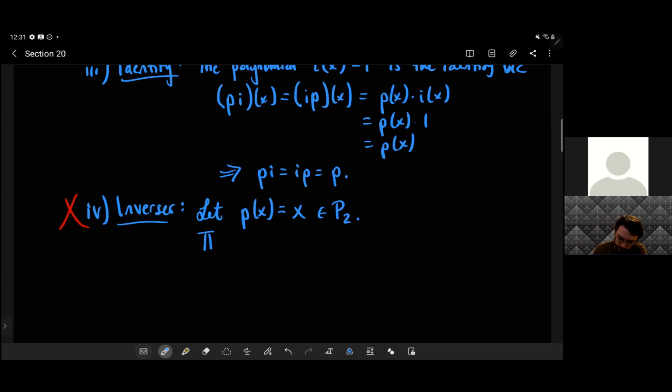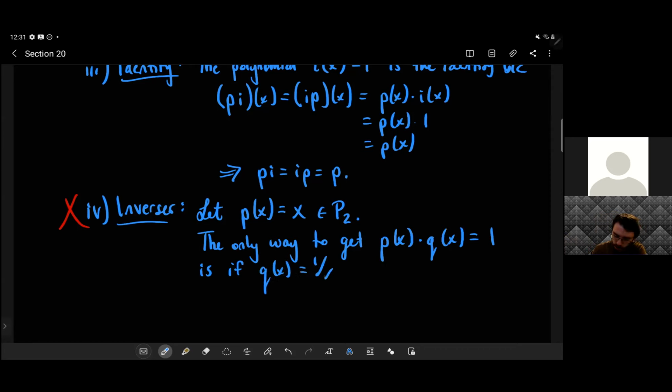The only way to get p of x times q of x equal to the identity is if q of x would have to be like 1 over x, right? And even that wouldn't be the identity everywhere because it's not even defined at 0. But this is not in P2. So no inverses under multiplication.